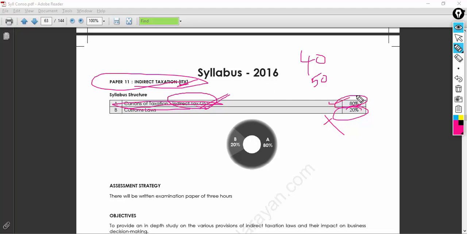I am just taking a very rough number, guys, because one advantage you have is that frequently we have one or the other additions to the GST structure. So you have an additional hedge to know the latest things as and when they happen, without referring to a textbook that might have outdated information.